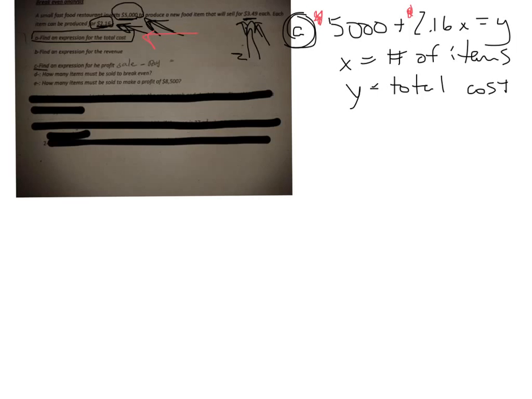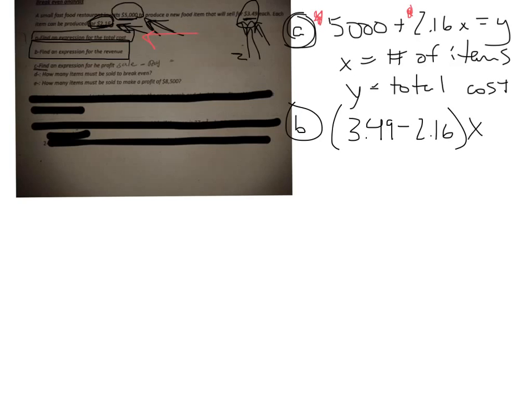Okay, so now on to B. On B, it says find an expression for the revenue. Revenue is how much you're making. Your total revenue would be the amount of money you're making. So you would say that's the amount you make after each one when you sell it, and that's the amount it costs to make it. So therefore, those are conflicting, so you're not going to make all that money. So essentially, what you're going to do is you're going to make $3.49 per item, but you're subtracting $2.16.